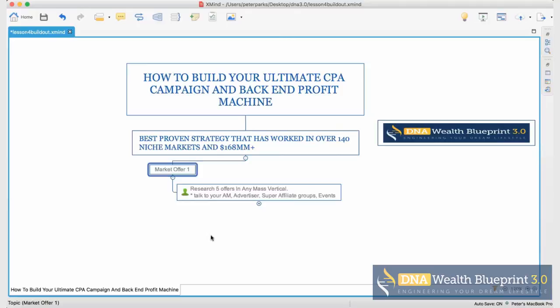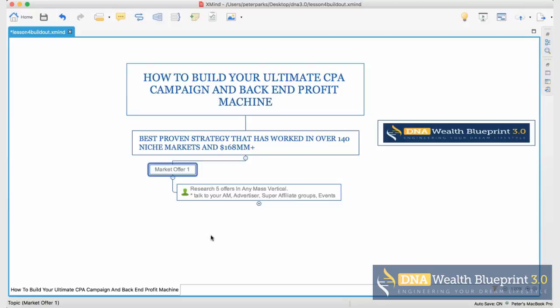So this all starts with the research of 5 offers in any mass market vertical. You need to understand who your leverage points are and who your assets are. They are your affiliate manager, they are the advertiser, there are other super affiliates that you have relationships with.